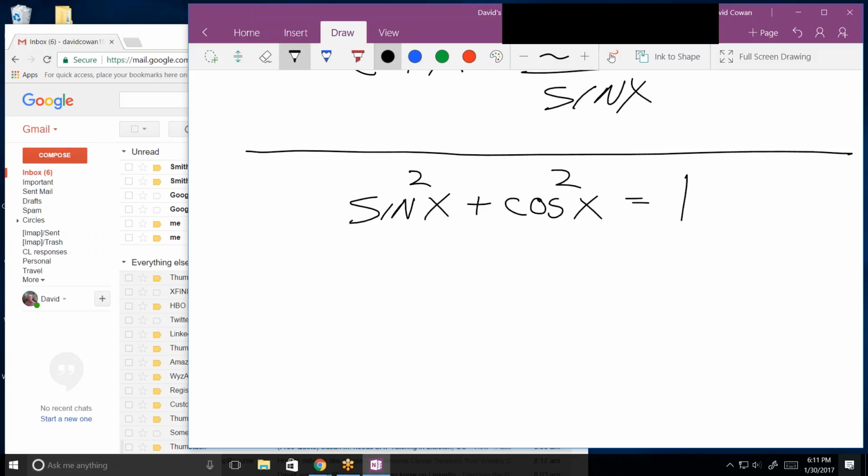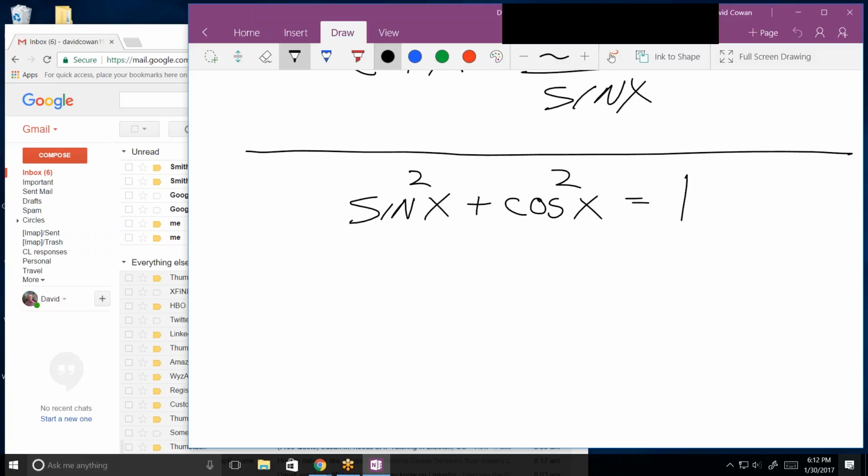In other words, if I took the sine of 30 degrees and squared it, and then I took the cosine of 30 degrees and squared it, and I added those 2 numbers together, I'm going to get 1. And if I did the same thing for 45 degrees, I'm going to get 1. Or any angle whatsoever, the sine squared plus the cosine squared is always equal to 1. So that's the most important one to remember.